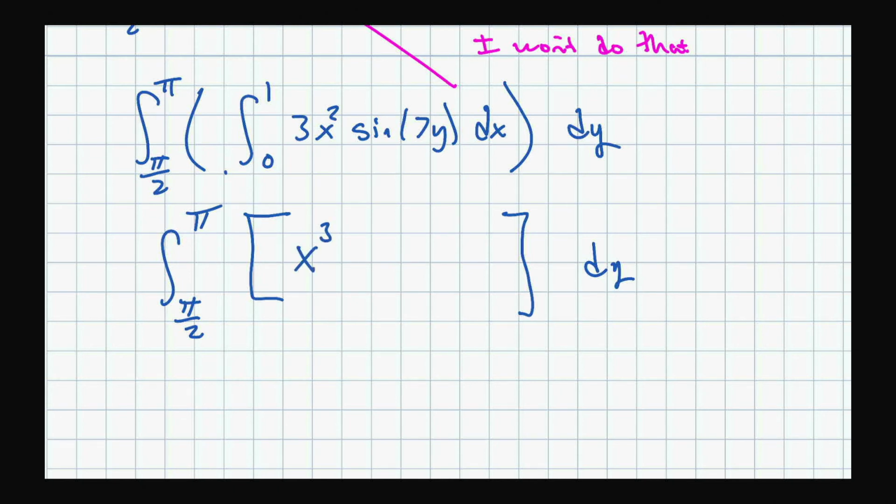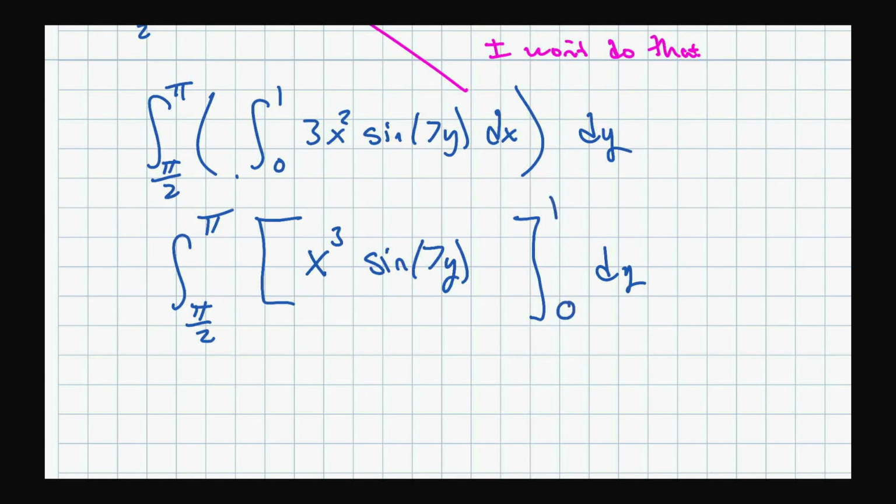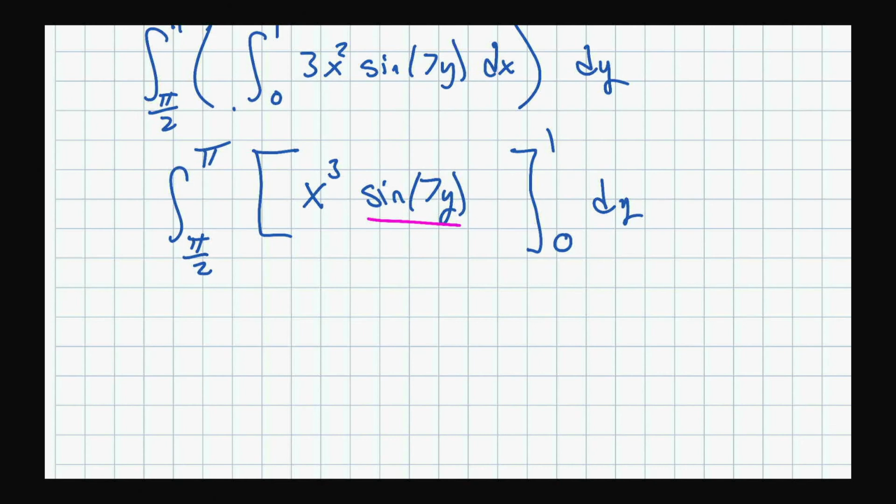Simple antiderivative. And if we're treating the sine 7y as a constant, then I can just leave it there. I could have pulled it out of the integral, but I can also just leave it there. It's fine where it is as long as I know to treat it like a constant, okay? So you don't have to pull it out if you don't want to. Just remember to treat it like a constant for now, because it only has y's.